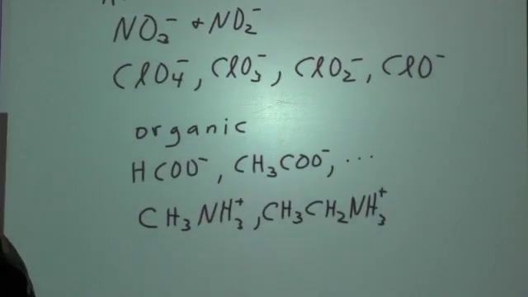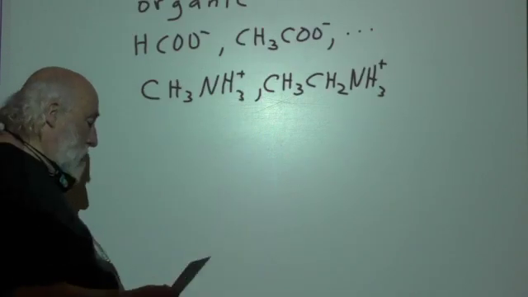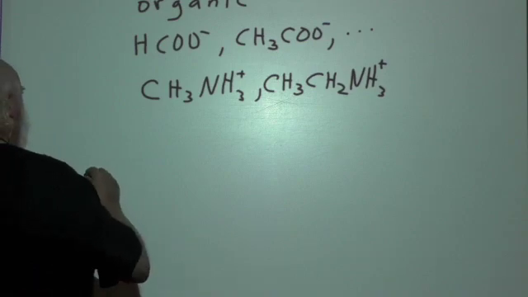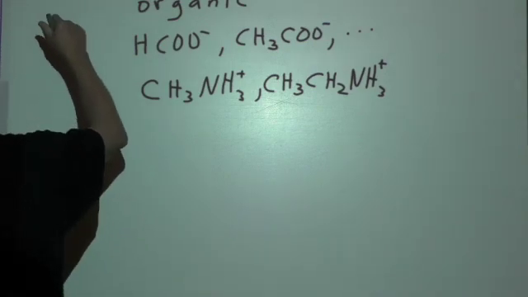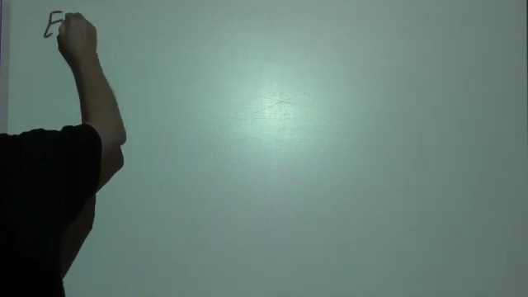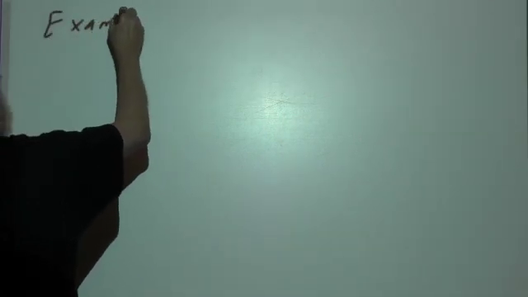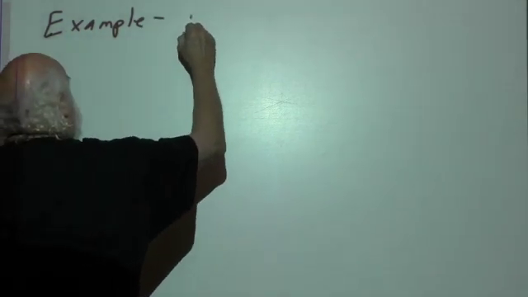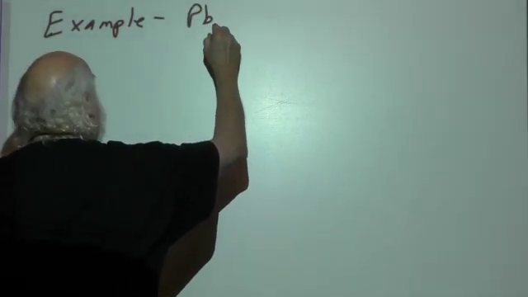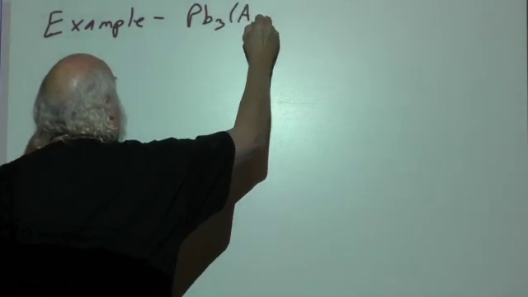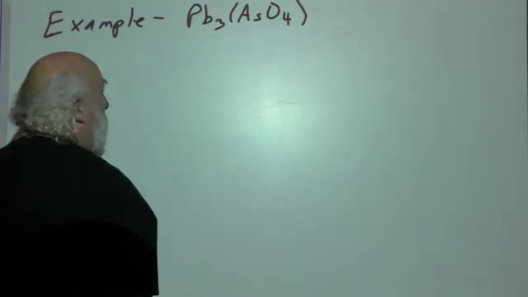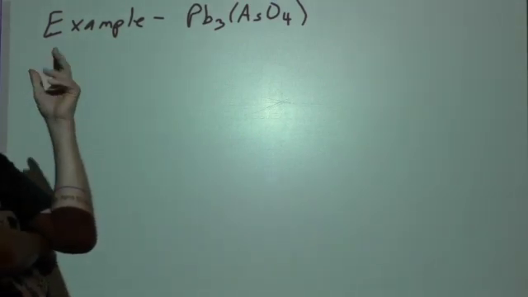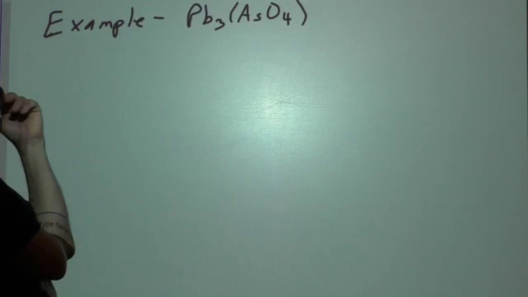All right? So, let's take an example. Let's suppose that we have the compound Pb3(AsO4)2, and we want to write a dissolving reaction or dissociation reaction for this.